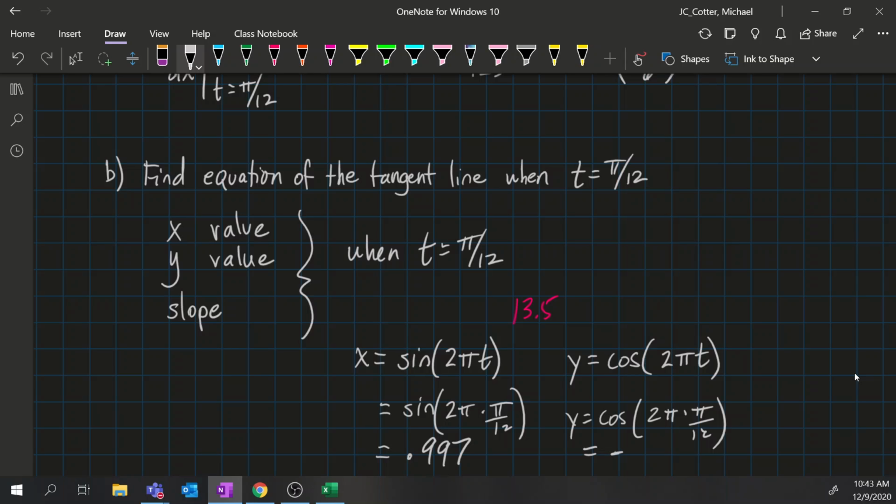We're going to get negative 0.074. We'll keep it consistent. Okay? So you have your x value, you have your y value, and you have your slope. Here's x, here's y, and remember we said that the slope is 13.5.